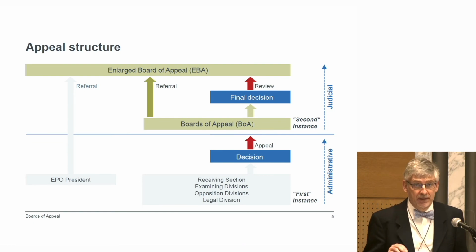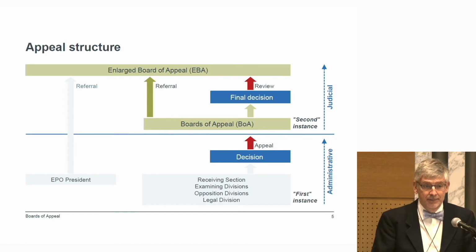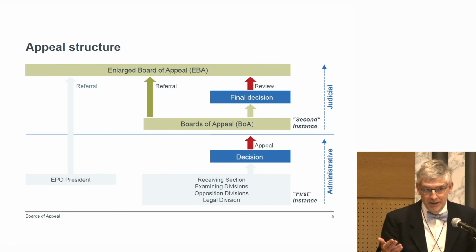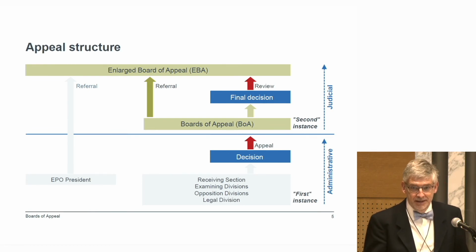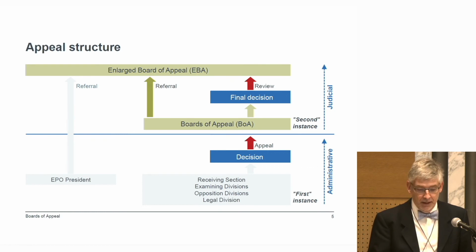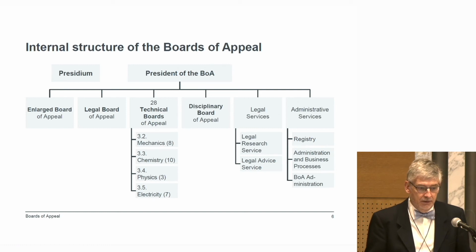Again, there's no further appeal, and even after the coming into force of the Unified Patent Court that Dr. Bacher mentioned yesterday to be next year, become next year the reality, what we call the UPC is not a higher court above the boards of appeal, but it's a parallel court. That means additional challenges for us to avoid that there's any fundamental difference in our case law. The internal structure of the boards of appeal, you can see here.